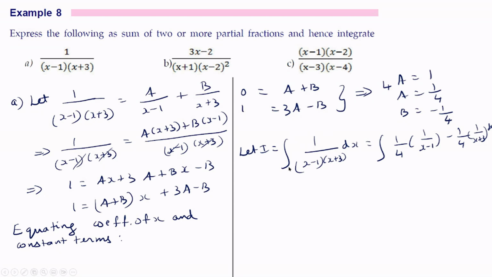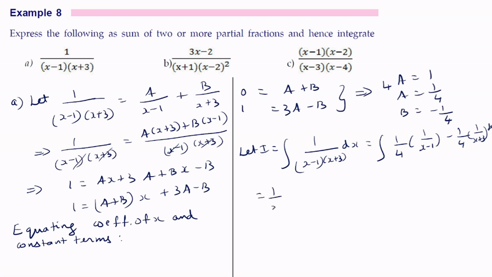So this part we can write as A/(x - 1), where A is nothing but 1/4, plus B/(x + 3), where B we got as -1/4.